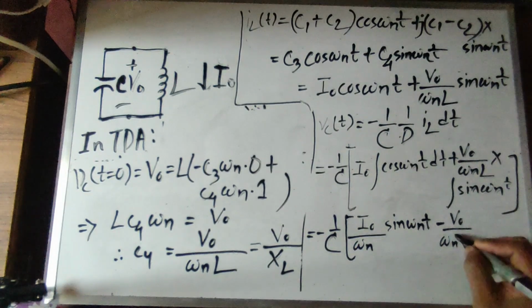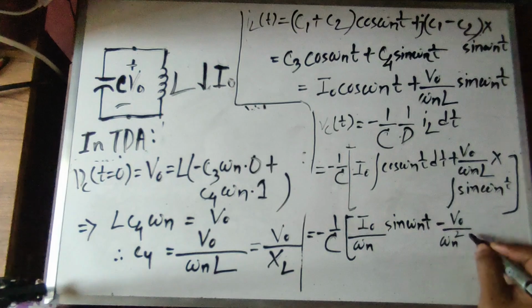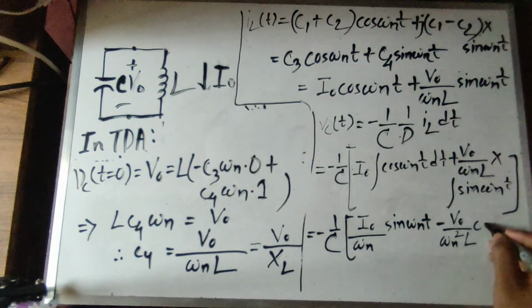Here 1 by omega n will come from this integration, so omega n square L cos omega nt.